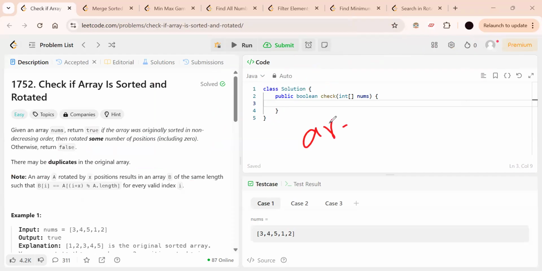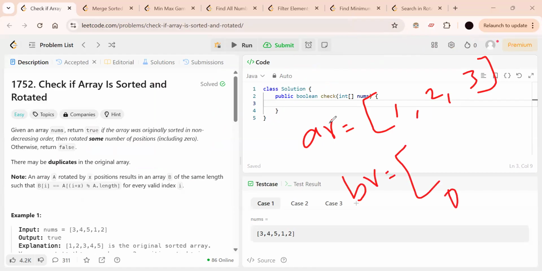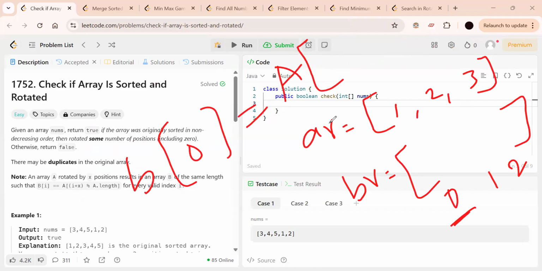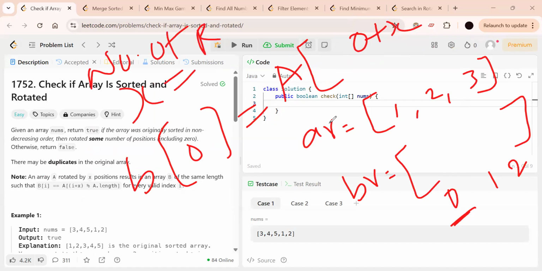So let's take an array 1, 2, 3, which is sorted. Now an array B is generated such that B of i, with positions 0, 1, 2. So B of 0 equals A of 0 plus X. Let's say X is the number of rotations, rotated one time.